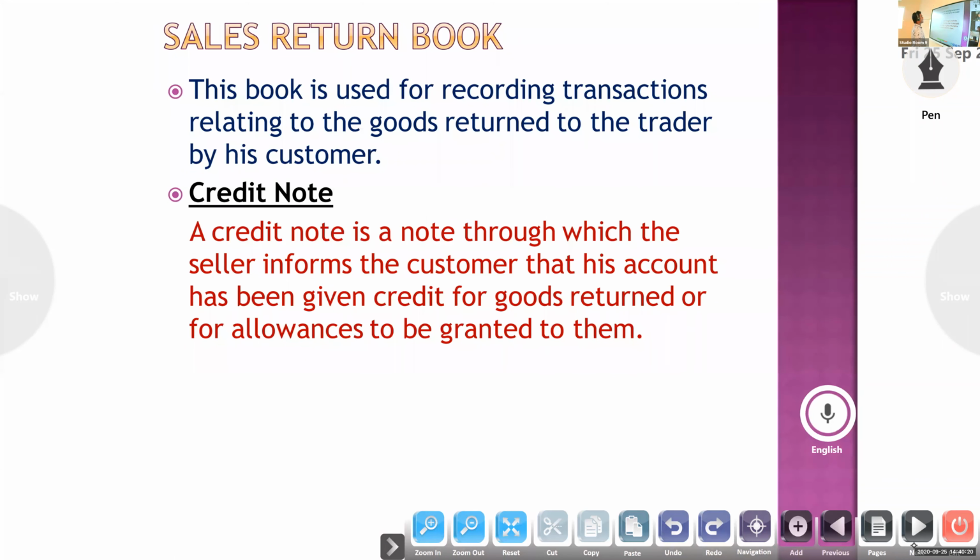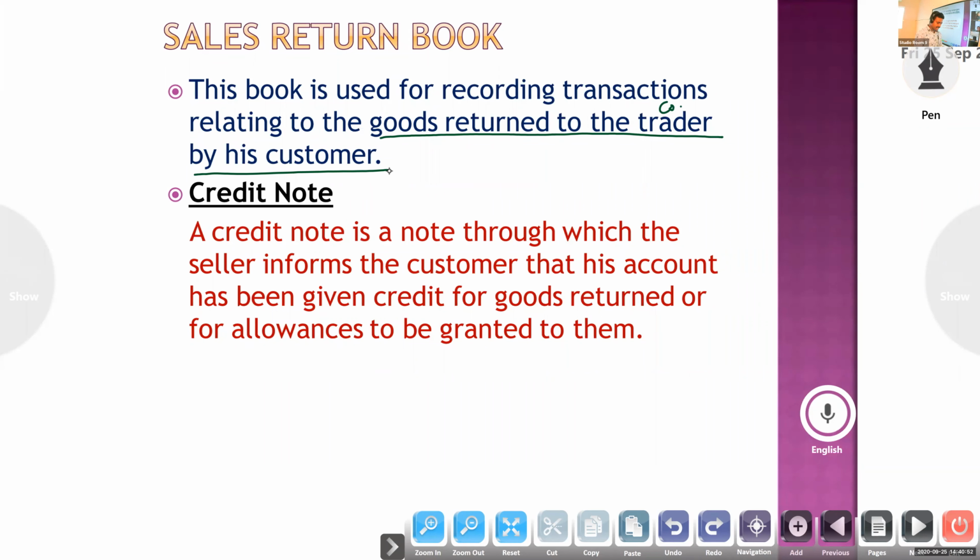This book is used for recording transactions related to goods returned to the trader, to the company, by his customer.